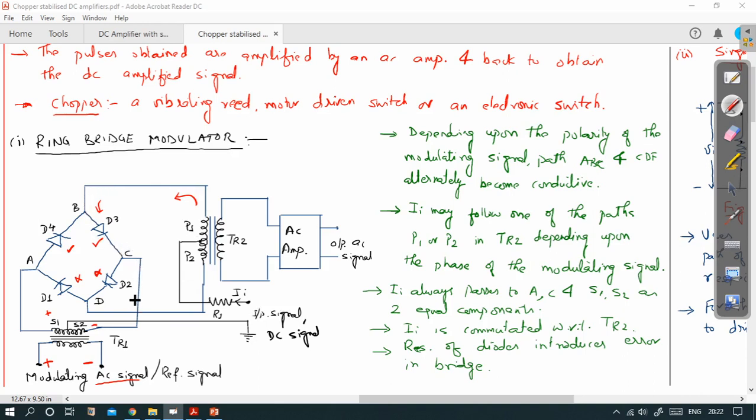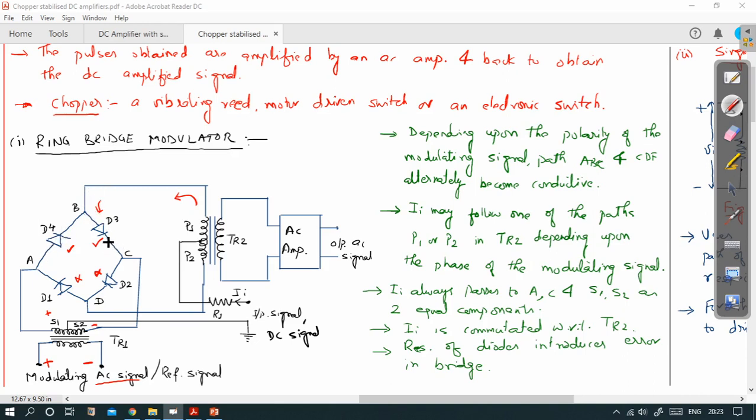Now you may be wondering why it is coming from D3, why not from D4? It depends on the strength of the signal. If the signal is stronger, then it will follow this path. If the signal is weaker, then this current will follow the other path.